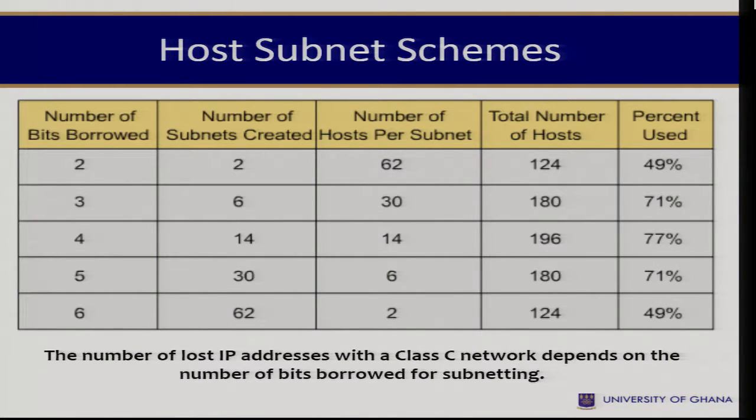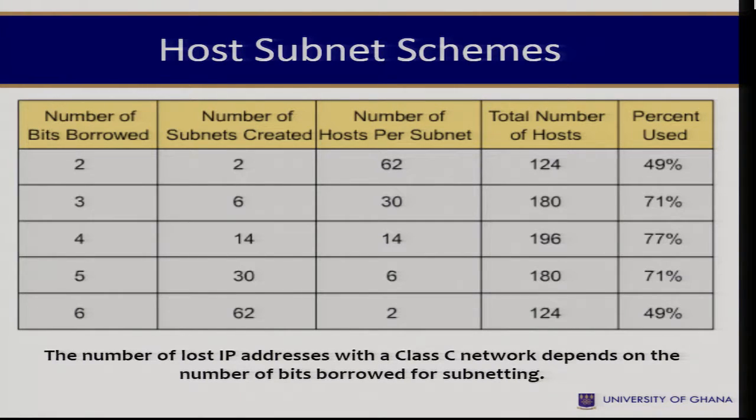Similarly, if you borrow 3 bits, then 2 to the power of 3 is 8. We reserve 2, so you are left with 6 subnets. And then you have 5 bits left on the host portion. 2 to the power of 5 is 32. Take away the 2 which are reserved, so you have 30.